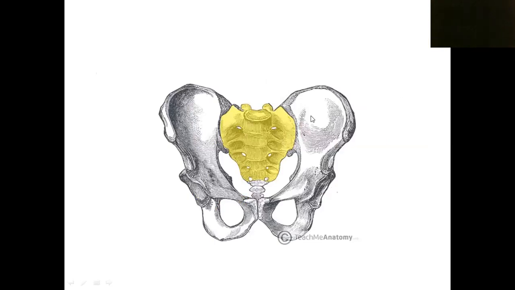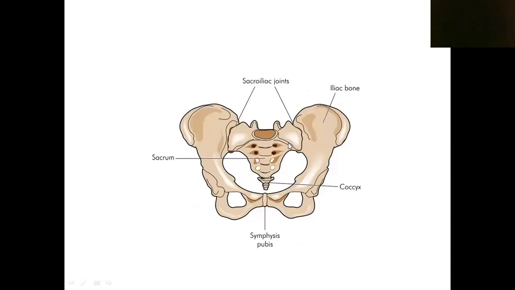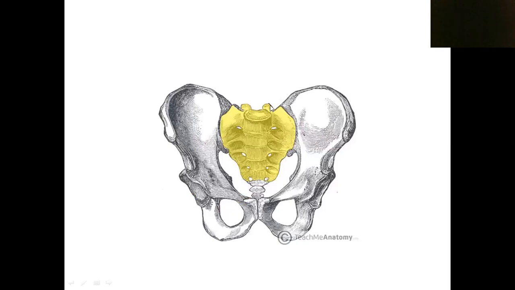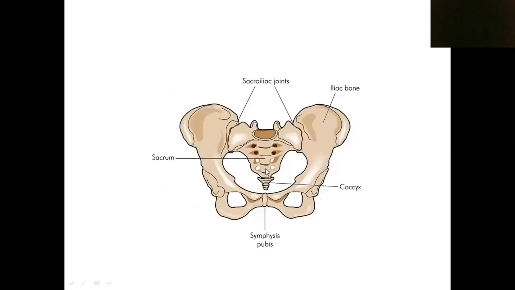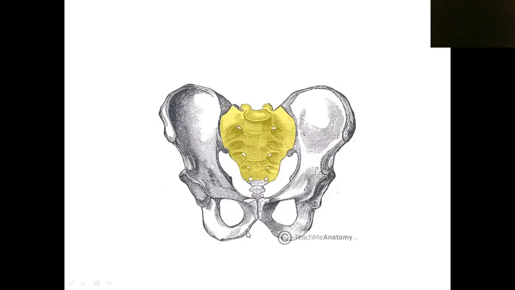Now we have to go through the difference between the male and female pelvis. This is the male pelvis, and this one is the female pelvis. First point, the female pelvis is broad. Second point, see this angle seen below the pubis.